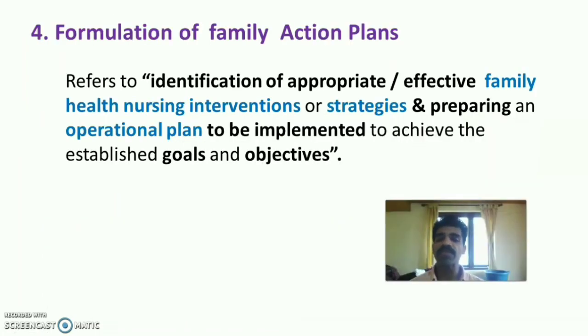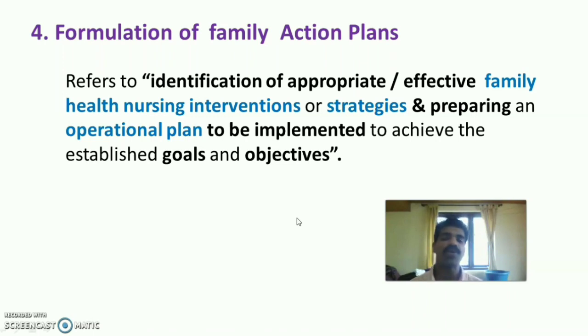The last step of the family health plan is formulation of family action plans for various interventions. So formulation of family action plans refers to the identification of appropriate and effective family health nursing interventions or strategies, and preparing an operational or working plan to be implemented to achieve the established goals and objectives.